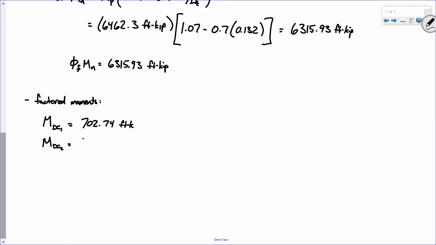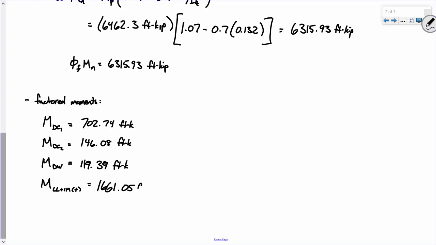MDC2 is 146.08. MDW is 119.39. And then our live load moment, using the positive value, is 1661.05.